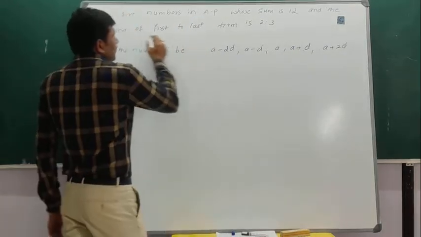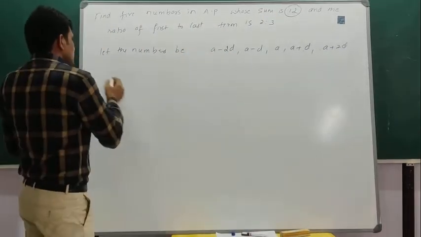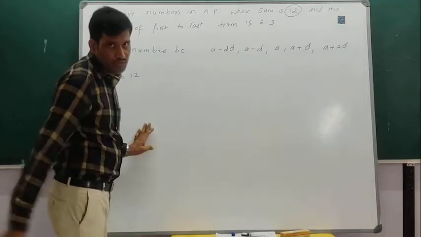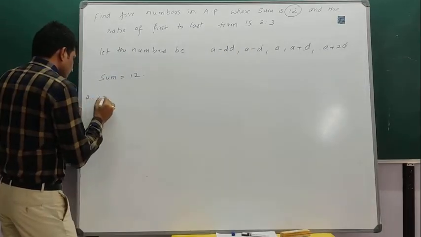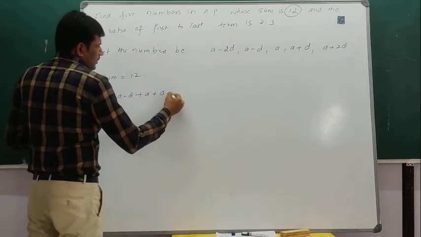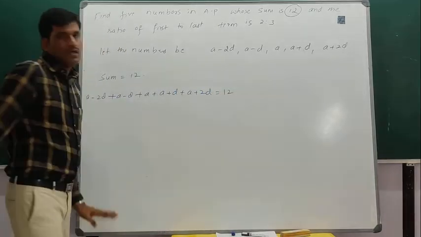So what is given? The sum is 12. When the sum is equal to 12, add all these numbers: A minus 2D plus A minus D plus A plus A plus D plus A plus 2D is equal to 12.